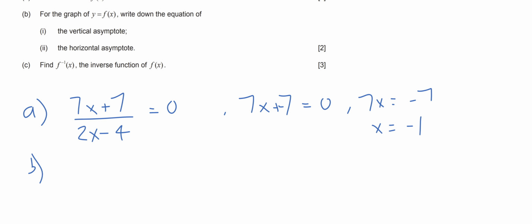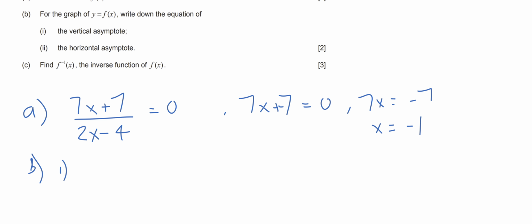Part B, for the graph of y equals f of x, write down the equation of part 1, the vertical asymptote. The equation of the vertical asymptote is always x equals some value, and it's always the value of x that would make the denominator of the fraction equal 0.